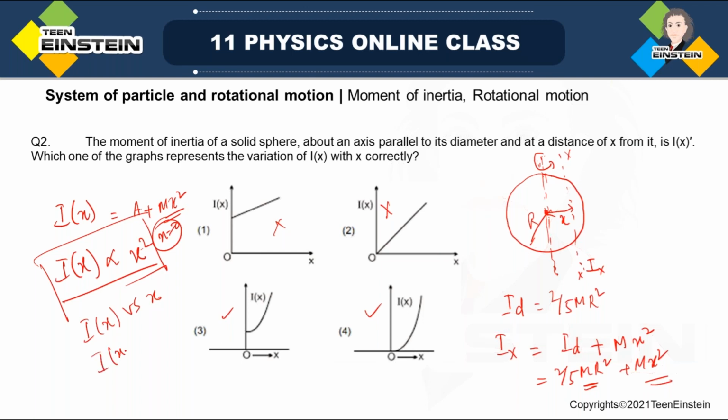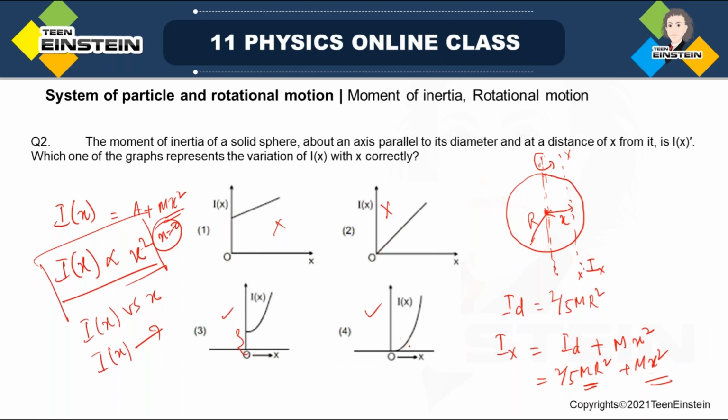Therefore, I of x will be a parabola, and that is represented by the second figure properly, because at x equal to 0 there will be some value, that is a, given here. So this is the correct option.